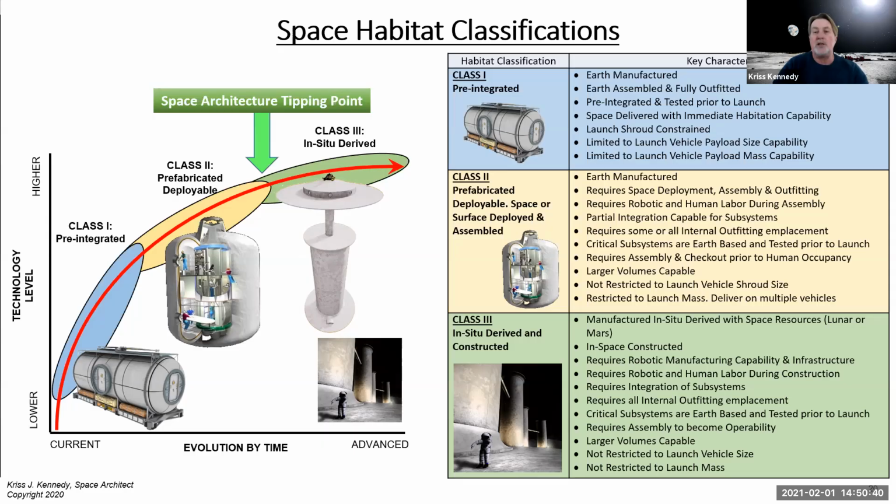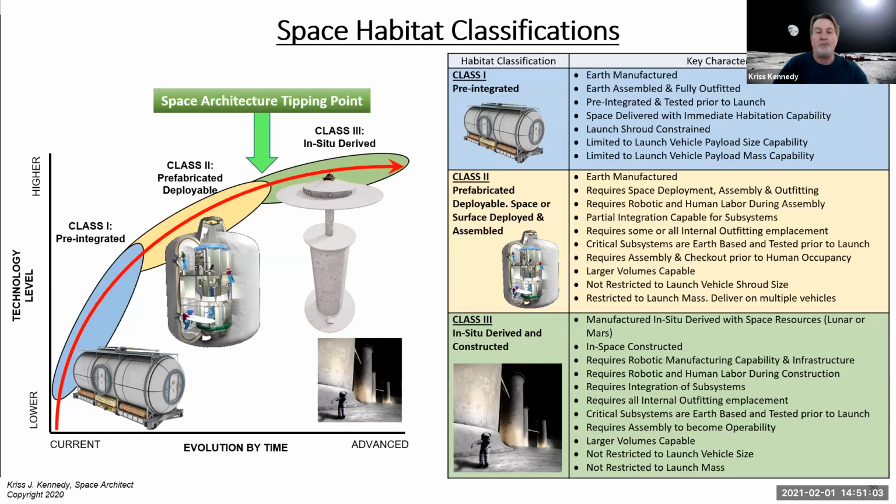It requires integration of subsystems, and it requires internal outfitting and placement. Then the critical subsystems probably are Earth-based and tested prior to launch, but still requires assembly and integration at the destination. Very large volumes are possible, and it is not restricted to the launch vehicle size nor the launch mass.